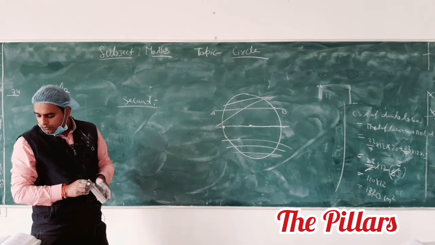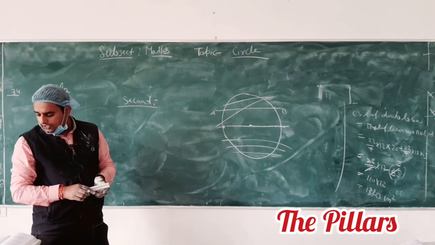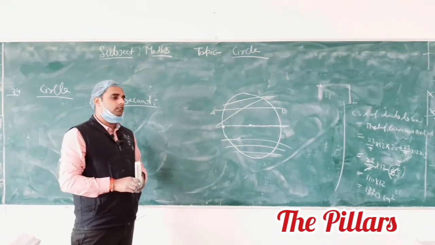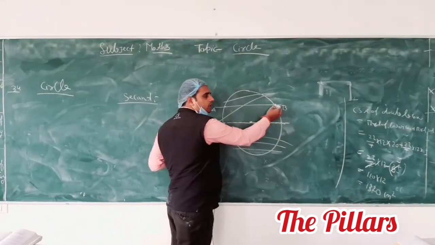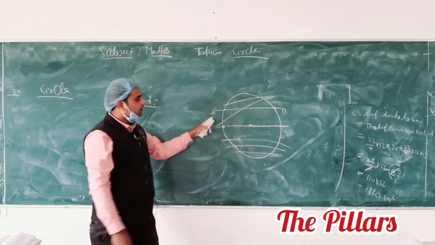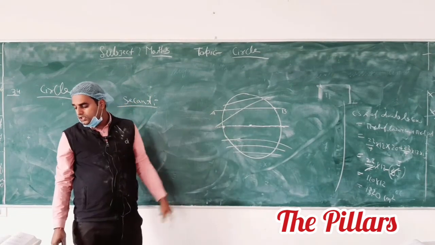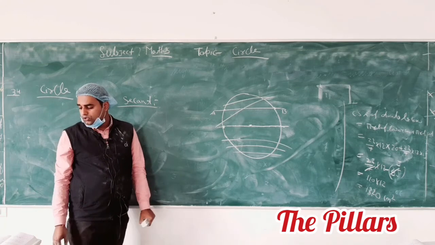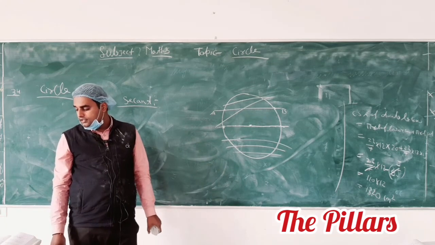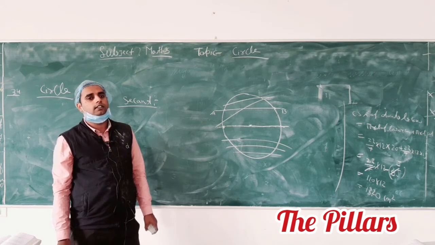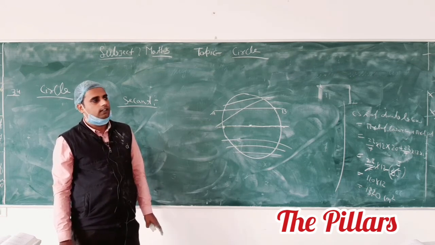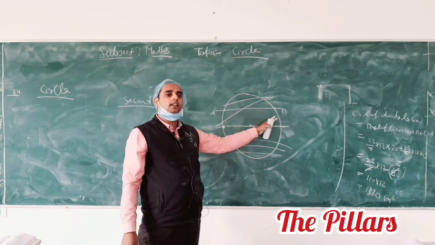You see that? A and B are two distinct points, or not? Yes, sir. A line which intersects a circle in two distinct points is called a secant of the circle. It means this AB is the secant on the circle.